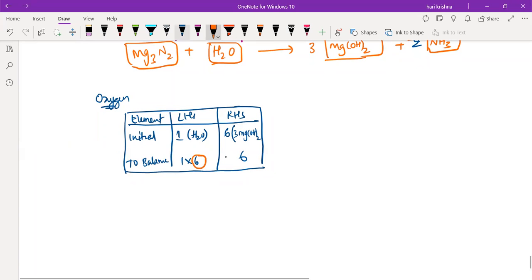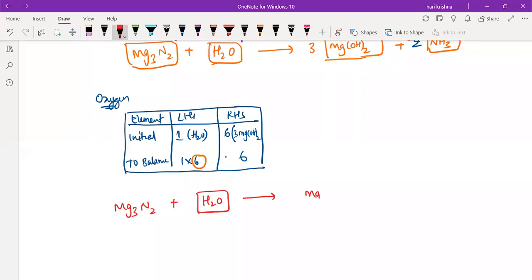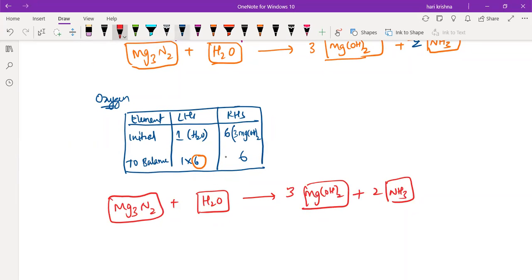Now tell me the final equation part. Mg3N2 plus 6 H2O gives 3 Mg(OH)2 plus 2 NH3. How much do you have to multiply with the oxygen? 6. Now check it, is it the balanced chemical equation or not?